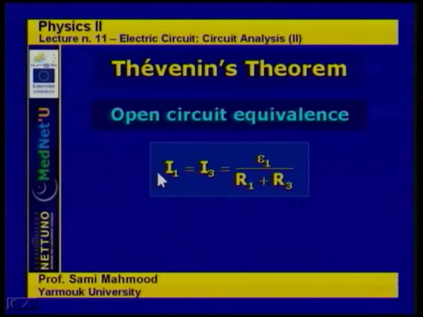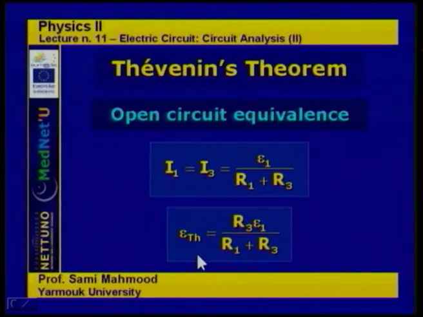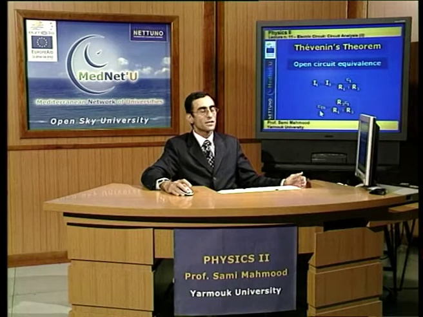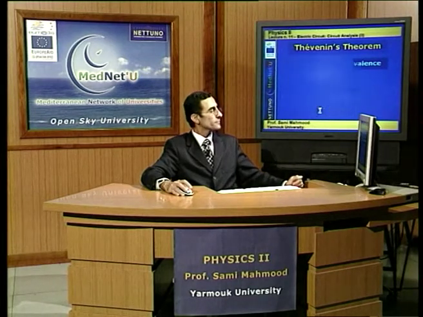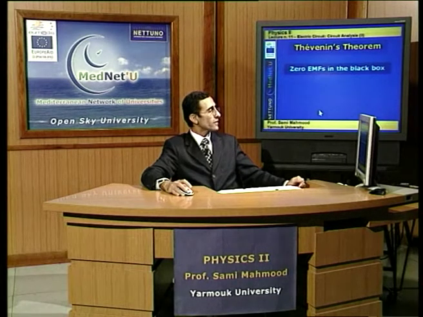And thus this I1, which is equal to I3 in the open circuit, is equal to epsilon 1 over R1 plus R3, from which epsilon Thevenin is determined, which is V, simply I3 R3. So this I3 times R3 is equal to epsilon Thevenin. And that is how to determine the Thevenin's electromotive force, one of the Thevenin's equivalents.